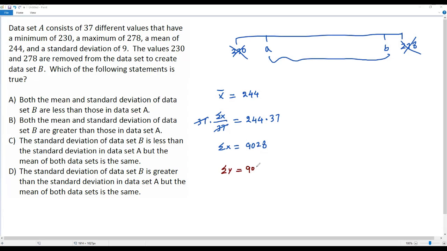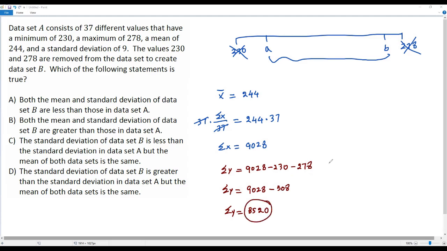That is, summation of y equals 9028 minus 230 minus 278. When I combine these two values, I get negative 508. Simplifying, I get 8520.